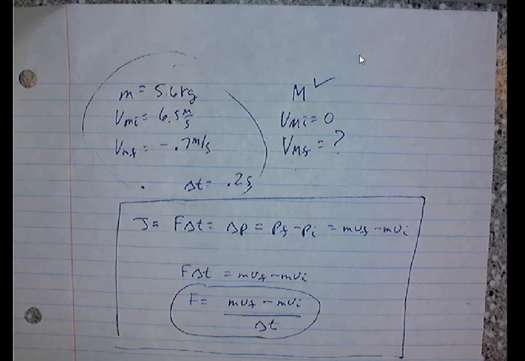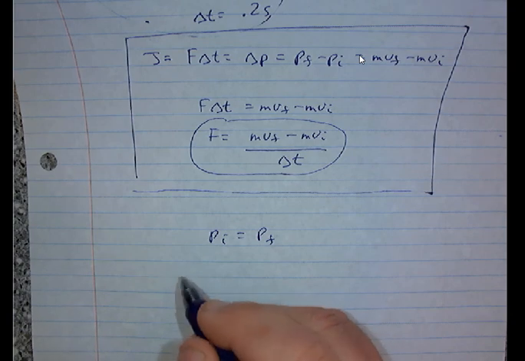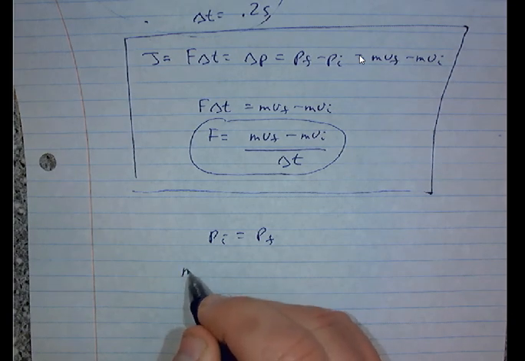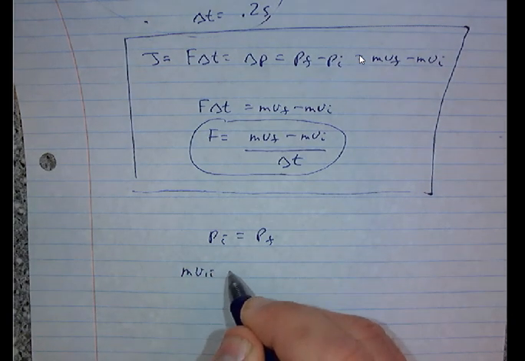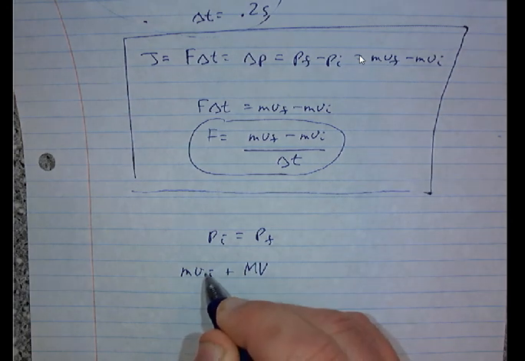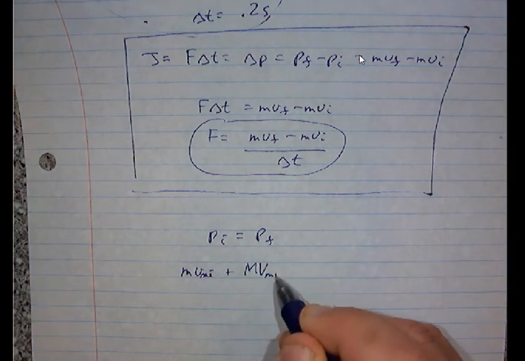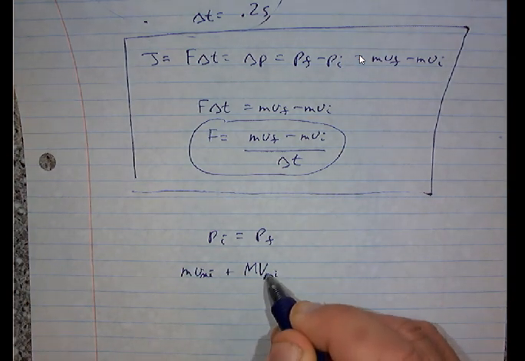Then we could take a look at this. Initial momentum of the system is equal to the final momentum of the system. So we would have little m v1 initial plus big M v, whoops, this is supposed to be little m initial. Same thing here, this is big M initial. Let me start over.